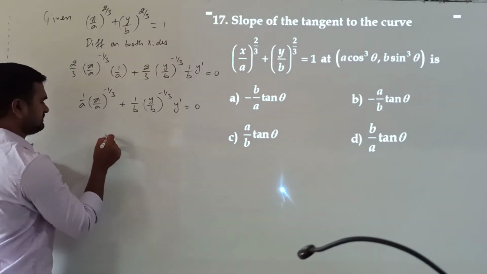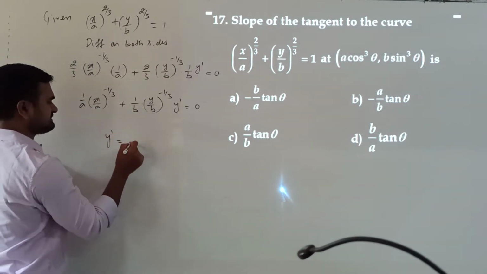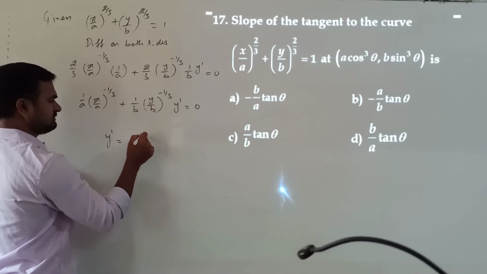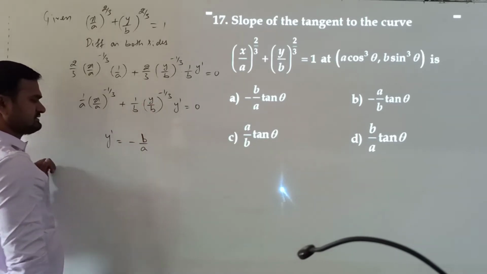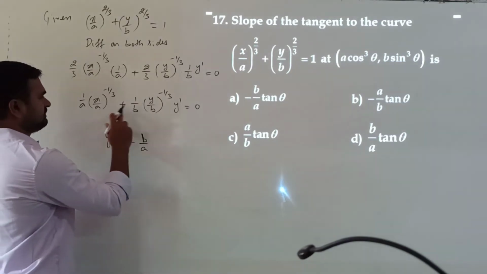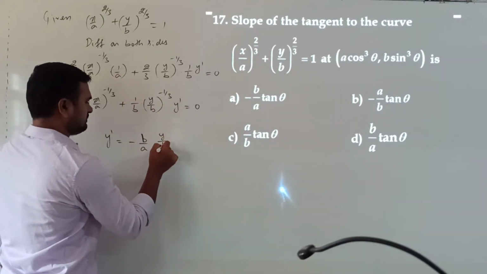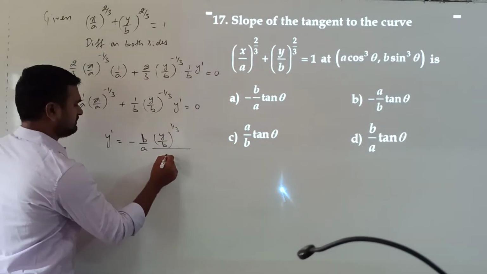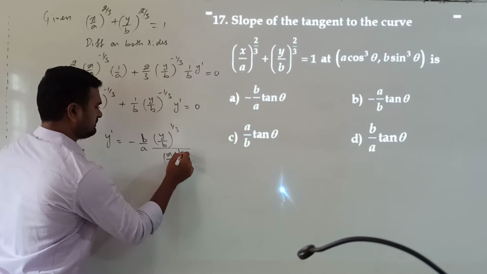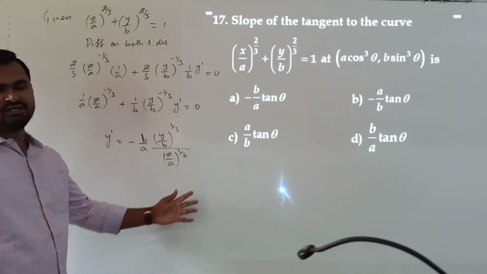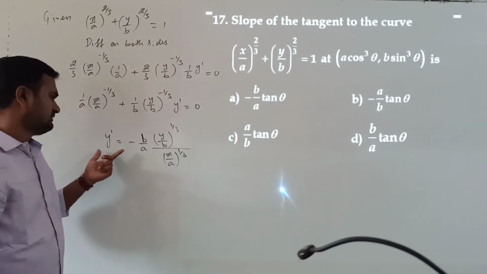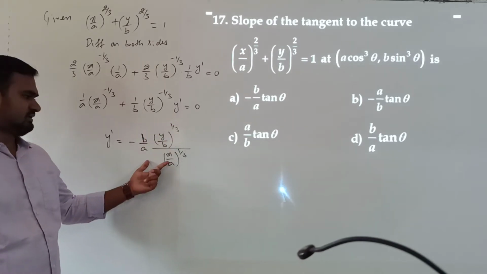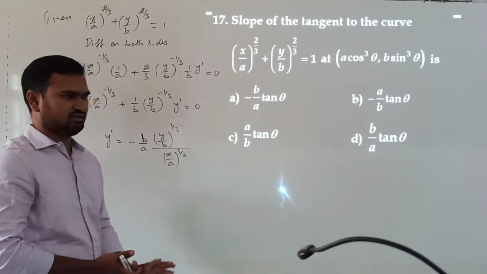So rearranging, what we get is y dash as minus 1/a, now b will go to the right side, so it is b/a, (y/b)^(1/3) divided by (x/a)^(1/3). Rearranging, this is what we get: the derivative is minus b/a into (y/b)^(1/3) divided by (x/a)^(1/3).